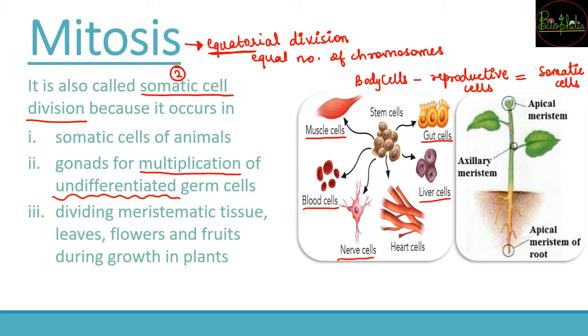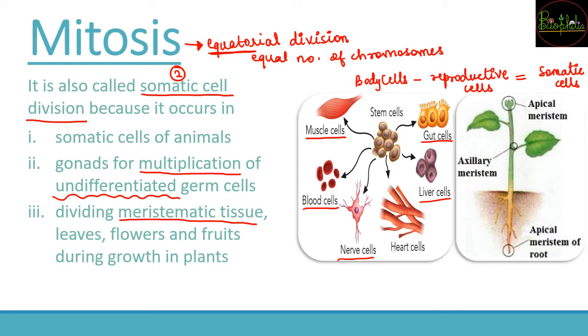A third reason it is called as a somatic cell division, because if you consider the case of plants, because mitosis जो होता है it is going to occur in both animals as well as in the case of plants. So animals में you understood about the somatic cells, that if you consider about the mitosis in plants, then you will understand that this is occurring in the meristematic tissue. So meristematic tissues होते हैं where these are going to store food, or they can have air present in them so that the plants can float onto water.